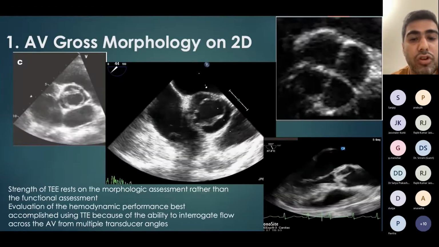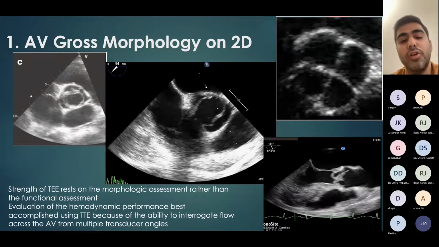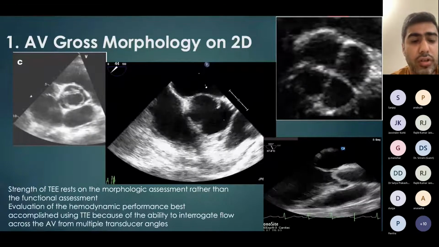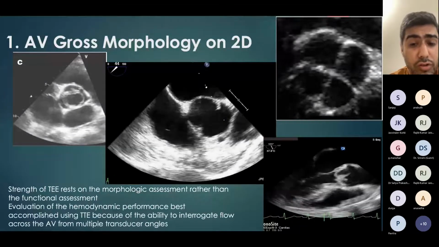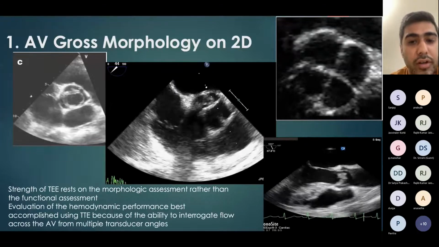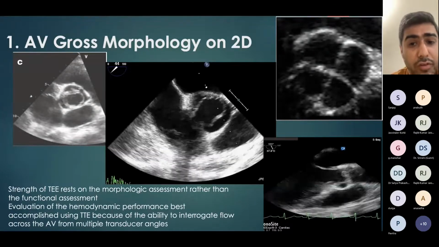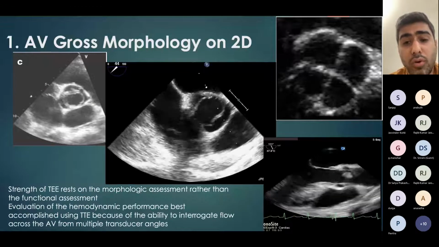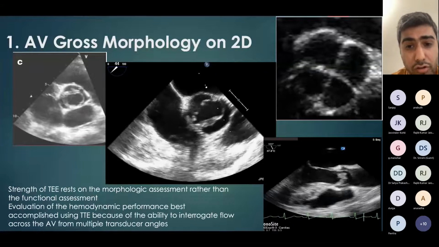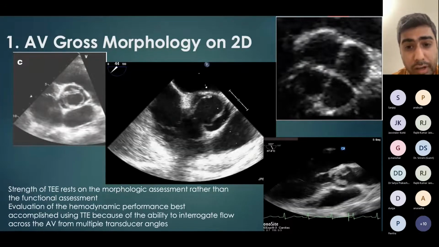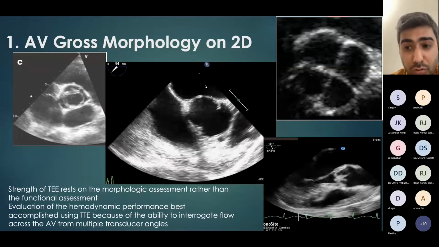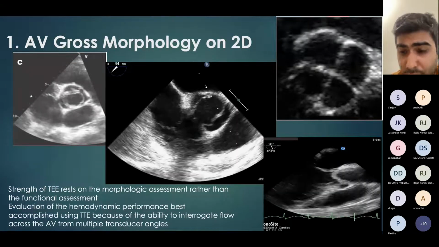On gross morphology on 2D assessment, we can see in the mid-esophageal short axis view and the long axis view that the TEE's strength rests on morphological assessment rather than functional assessment. We need to evaluate the number of leaflets of the valve, whether it is monocuspid, bicuspid, or tricuspid, and whether there is any identifiable pathology like leaflet thickening, mobility, calcification, or any vegetation present on the aortic valve.